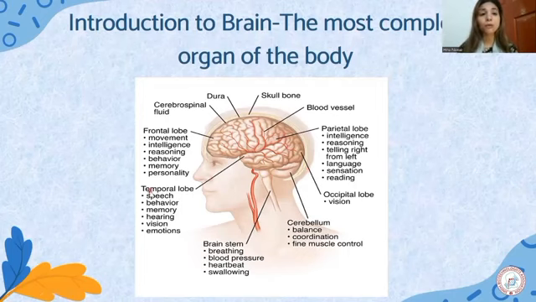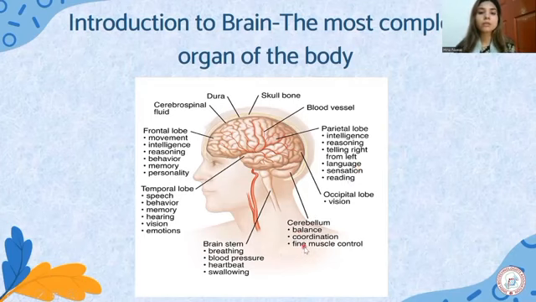So let's start with the basic idea that different regions are present in our brain. We have the frontal lobe, temporal lobe, parietal lobe, and occipital lobe, which are responsible for different functions in the body. The temporal lobe is responsible for memory and hearing, the occipital lobe is responsible for vision, and the parietal lobe is involved in reasoning and intelligence.